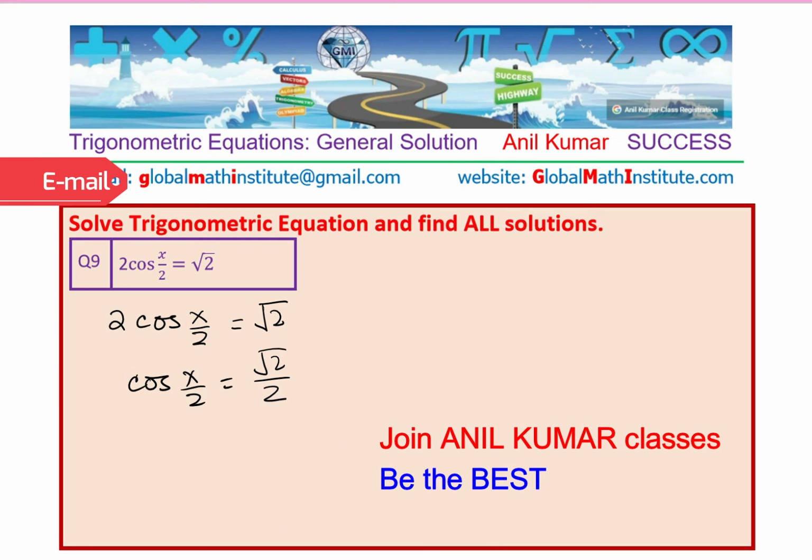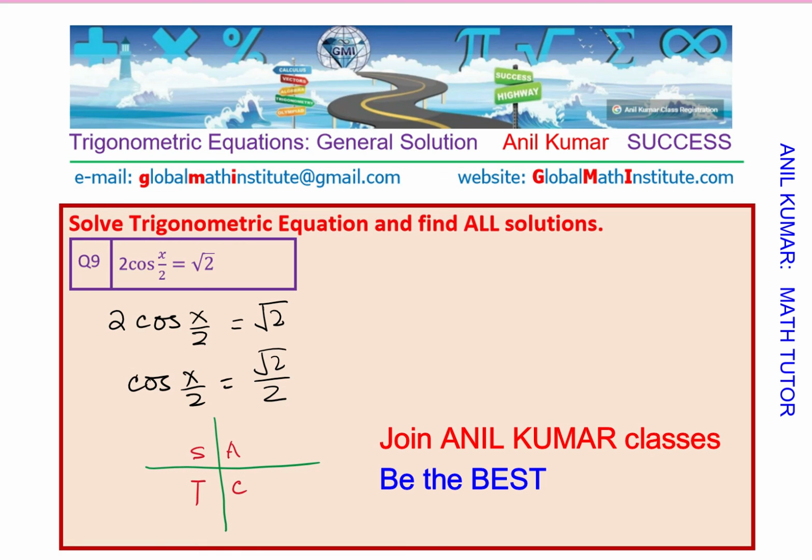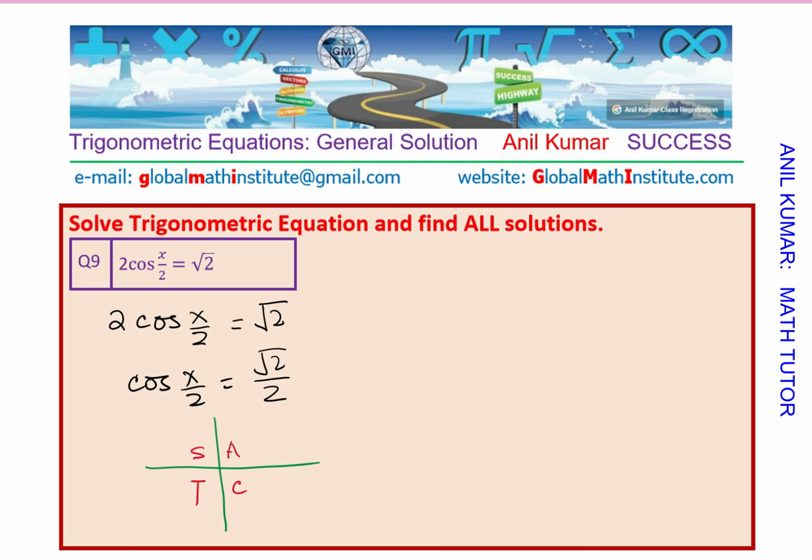Right? Now cosine is positive in which quadrants? If you look at the CAST rule, you will see that cosine is positive in quadrants 1 and 4, correct?